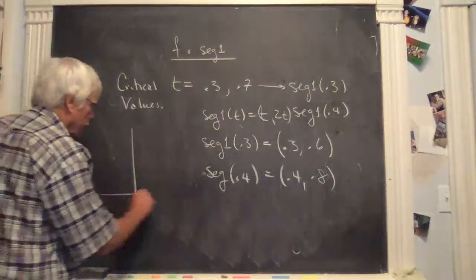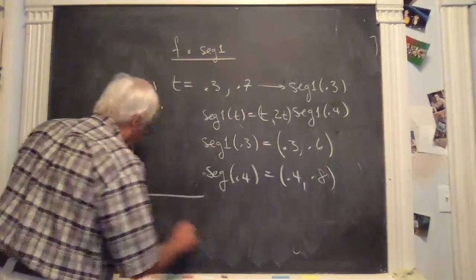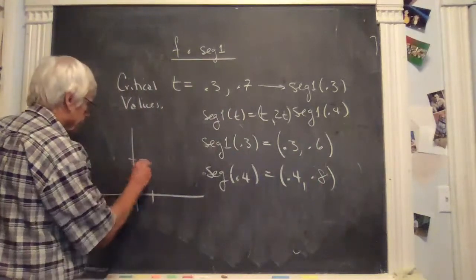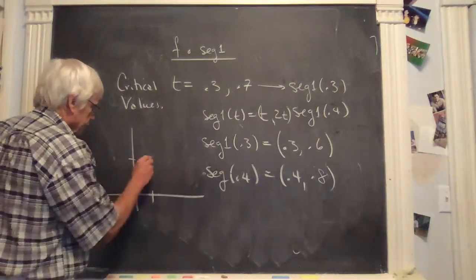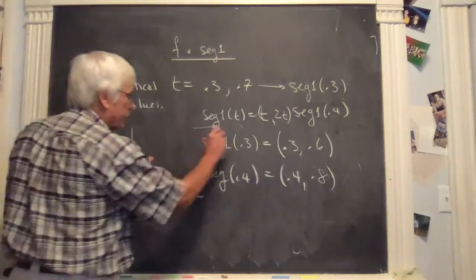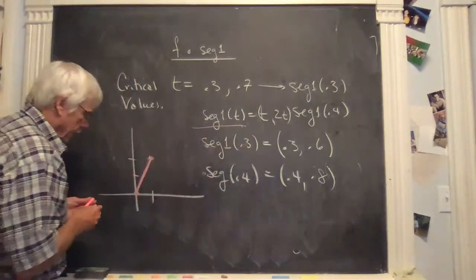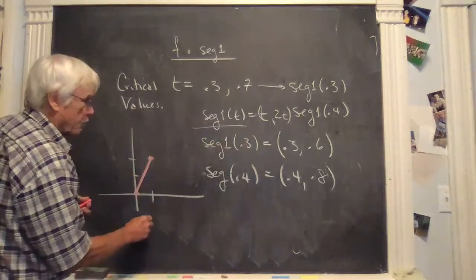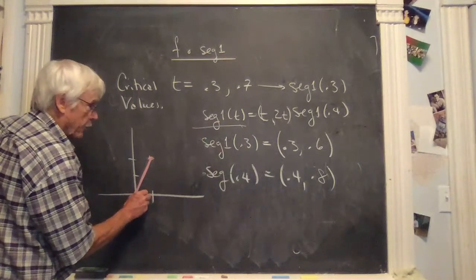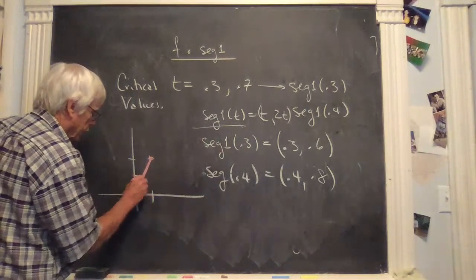And again, if we draw segment 1, it was between 0, 0 and 1, 2. So there is segment 1. This function describes segment 1. And the 2 points we have are 0.3, 0.6, so there's one of them.